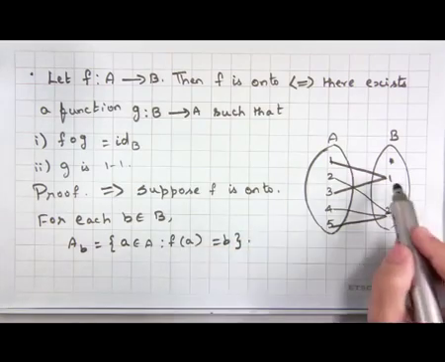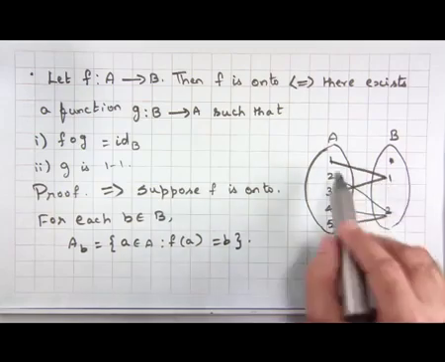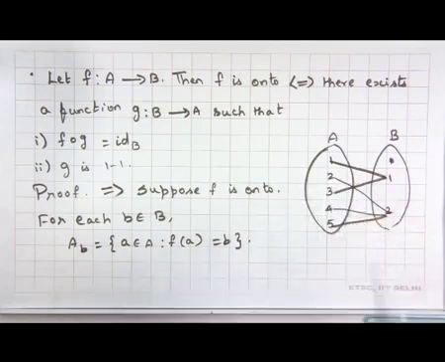Here, if you look at the element 1, then A_1 will have 1 and 3, and A_2 will have 2, 4 and 5.